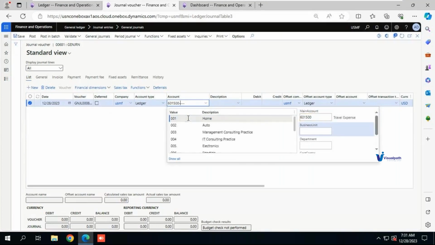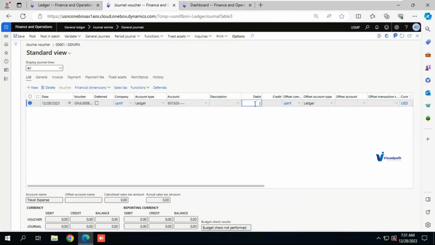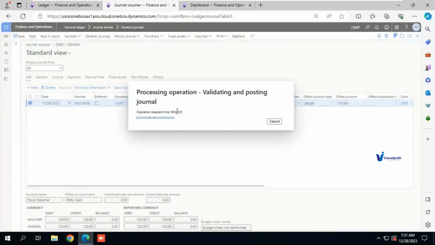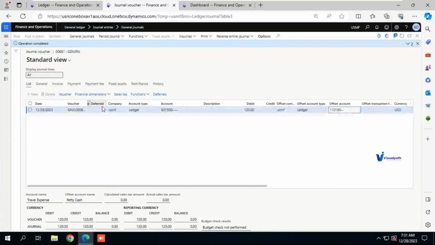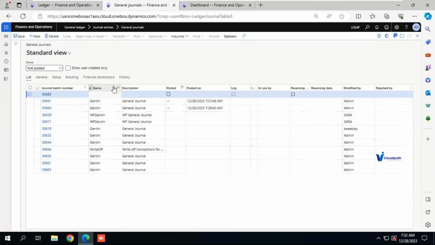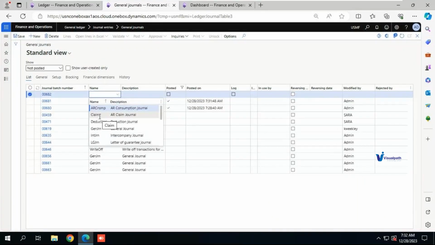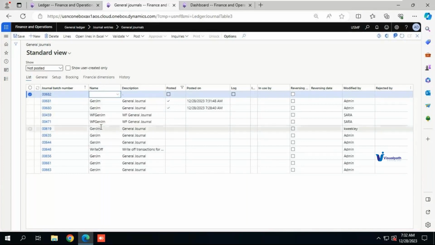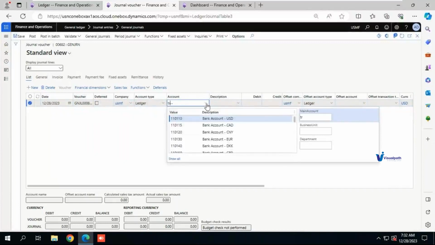Travel expenses, so like 120. Post. One more I'm doing. Lines, travel expenditure.